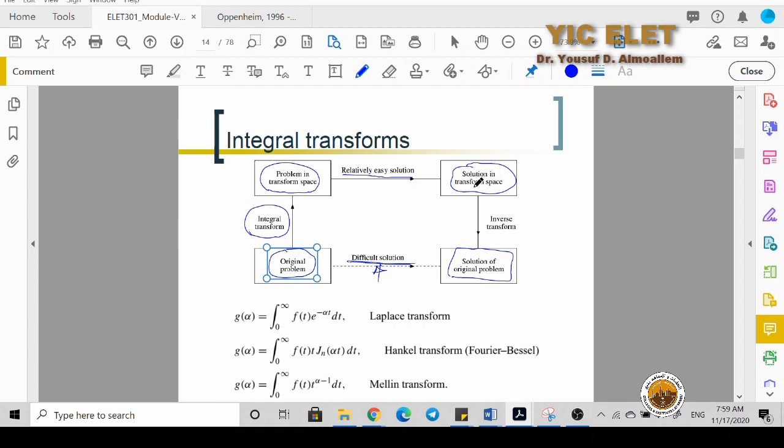Then you have to get back to the original time domain through this inverse transform.